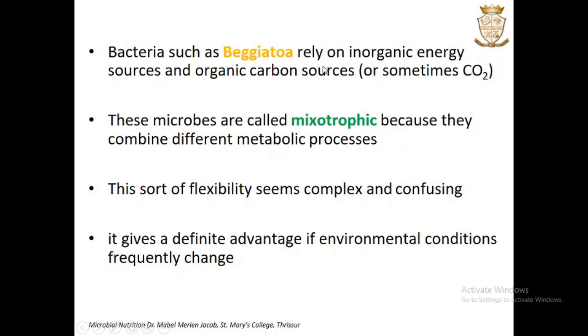Such microbes are called mixotrophic because they combine different metabolic processes. This sort of flexibility may appear complex and confusing, but for the microorganisms it gives a definite advantage if the environmental conditions keep changing. So they are mixotrophic to survive in the changing environment.